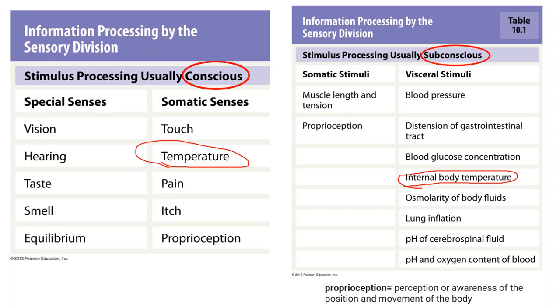If it's something that you can consciously sense, then of course it refers to the somatic sense of temperature. But if it's referring to maintaining internal body temperature, this is a visceral stimulus, it's subconscious. Okay, it's pretty obvious. So please don't get confused between these different temperature stimuli processing, and in which category they belong.